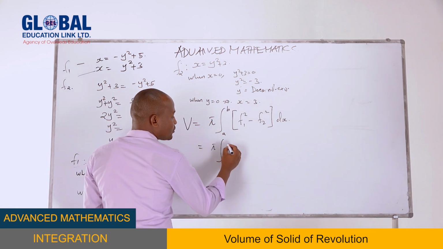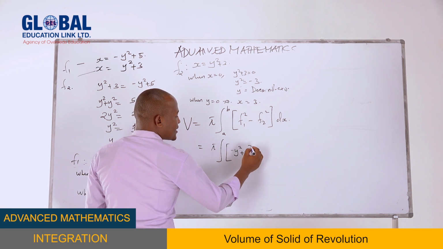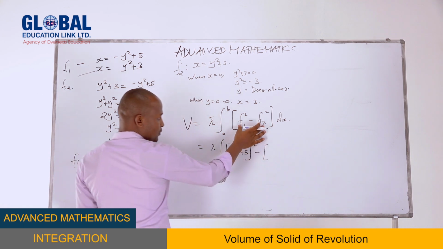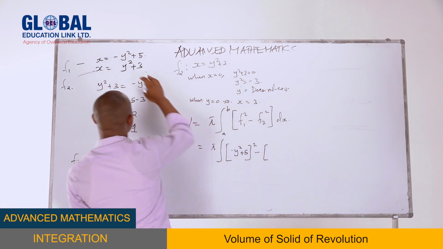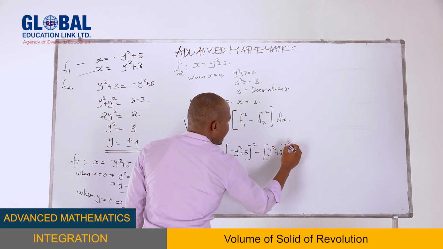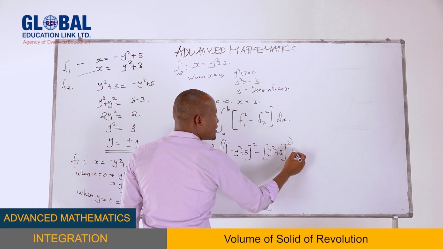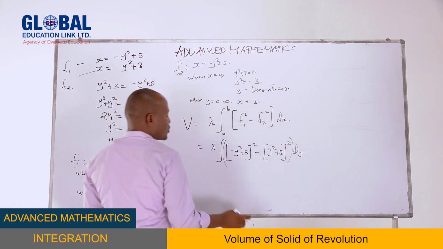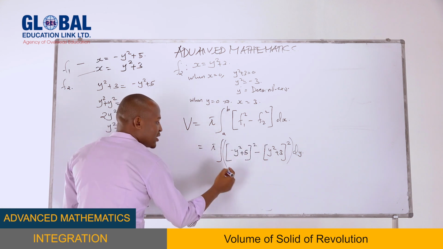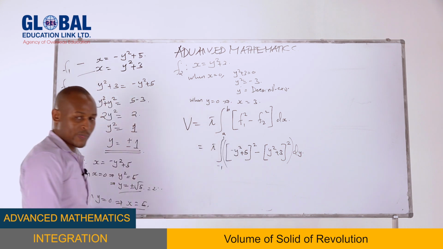That will be negative y square plus 5, this is squared, minus y square plus 3, and all of that is squared. All of this will be integrated with respect to y, because our limits are in y, and our small change is in y, from -1 to 1. Let's check it.